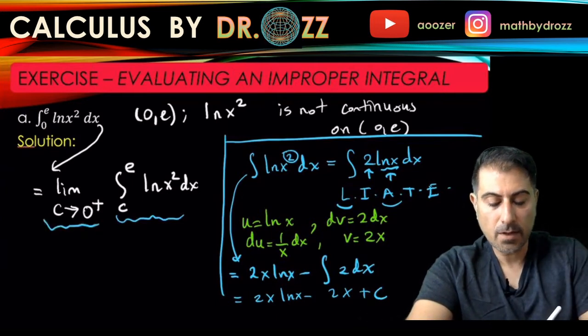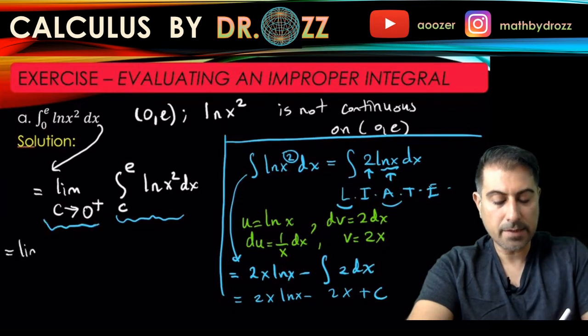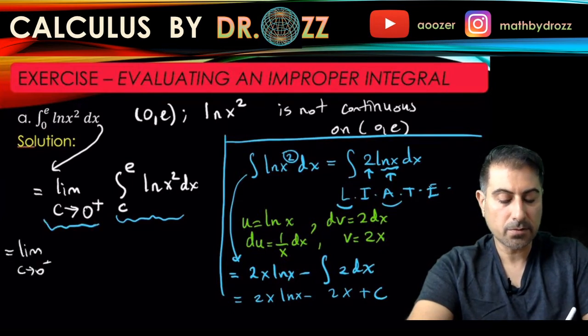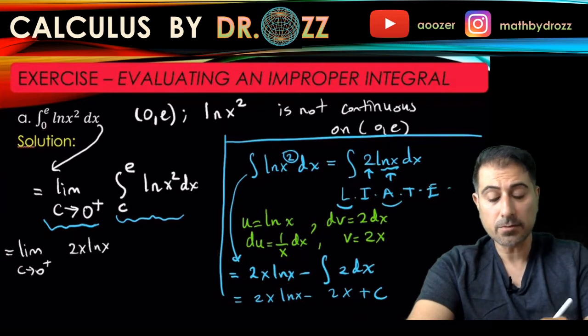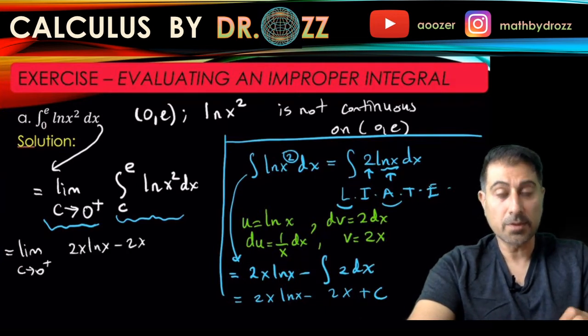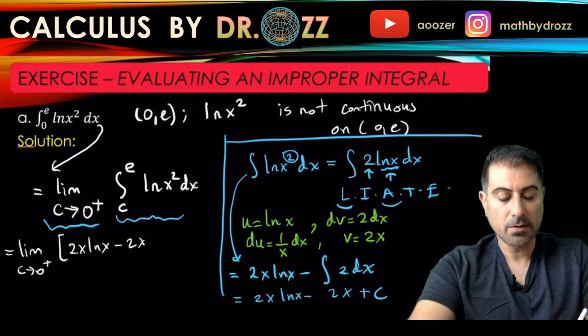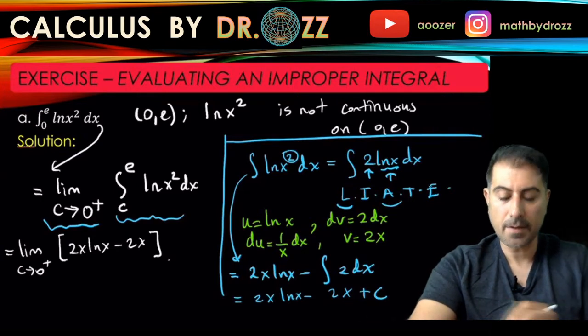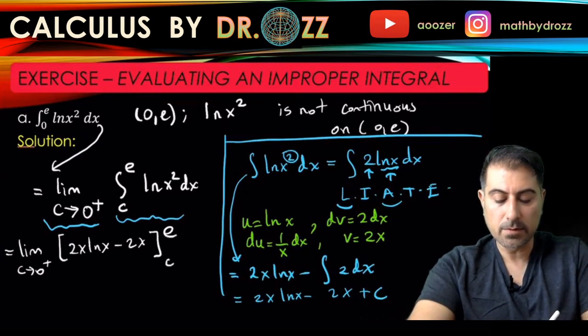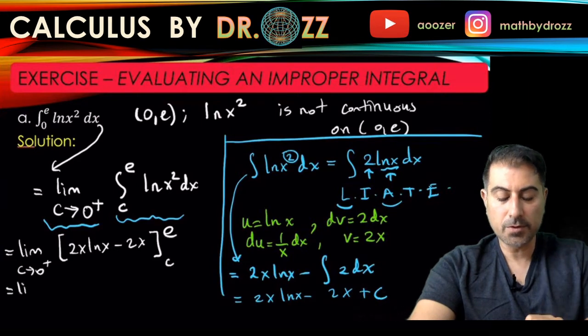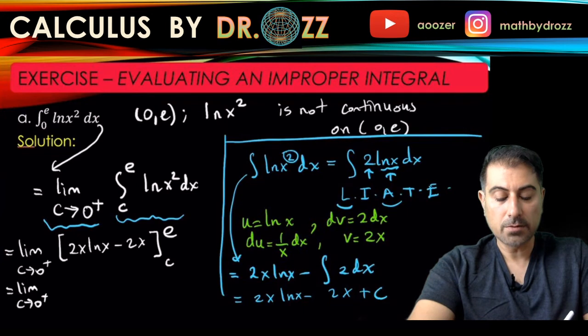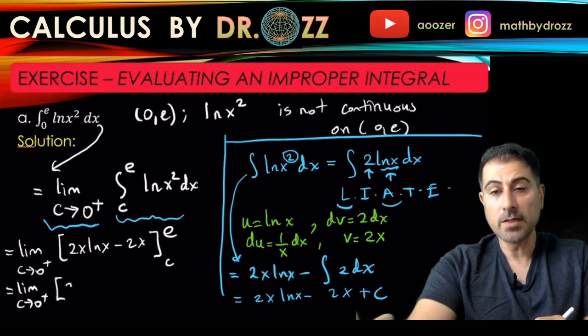So carrying that forward, let's write down the antiderivative here. And I don't need any c here, because I'm doing definite integration from c to e. So as c approaches 0 from the right, let's plug in the upper limit. 2e ln e, but ln e is 1, right?